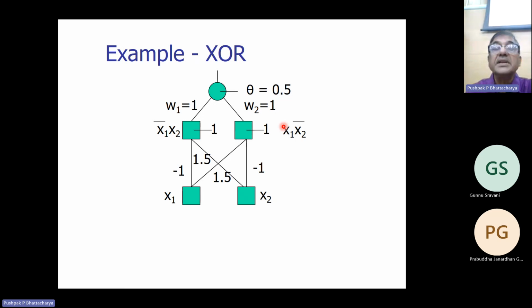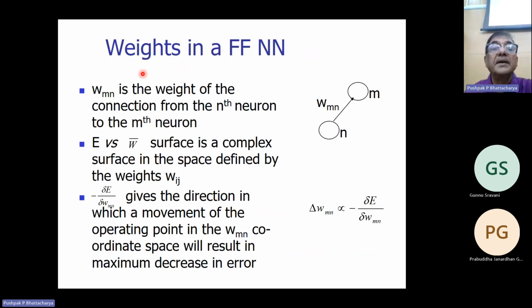Our goal is to reduce the error, which, given an input, is a function of the parameters. So the E versus W surface is a complex surface in the space defined by the weights Wij and theta. Minus delta E by delta WMN gives the direction in which a movement of the operating point in the WMN coordinate space will result in the maximum decrease in error.